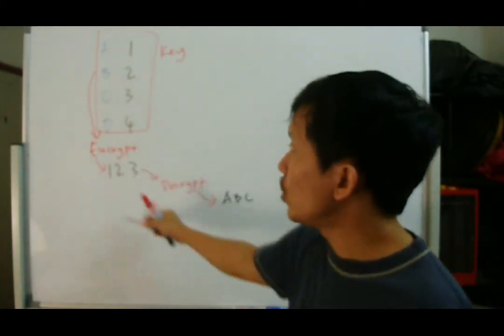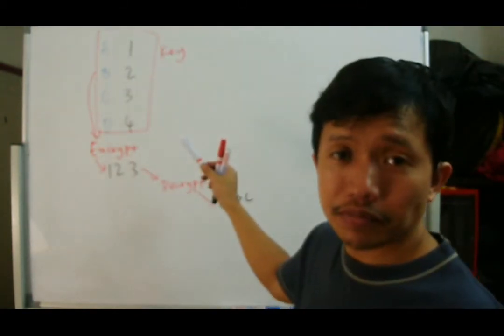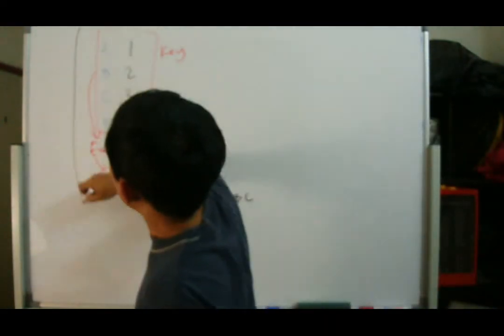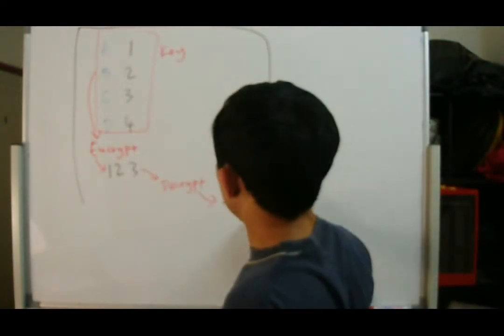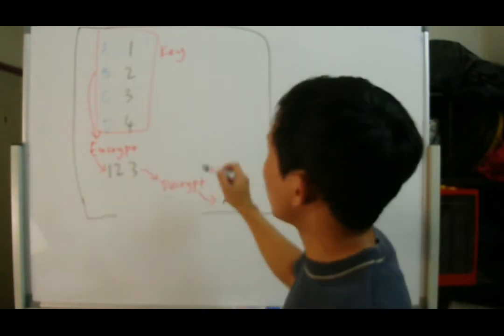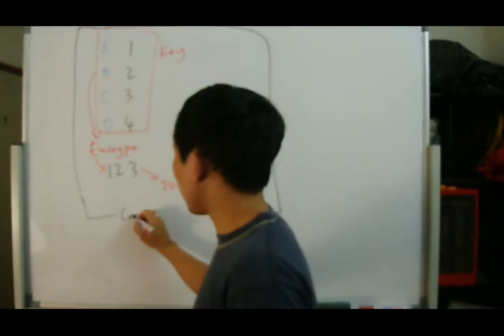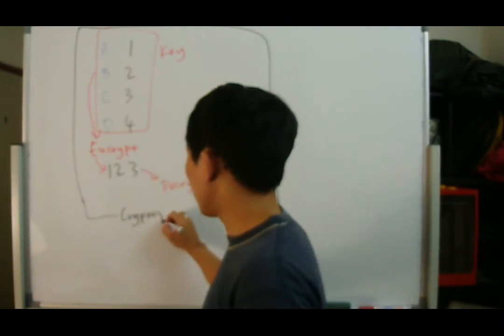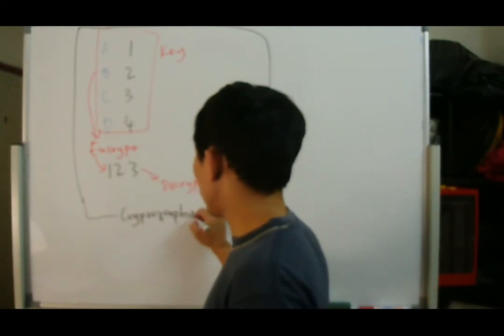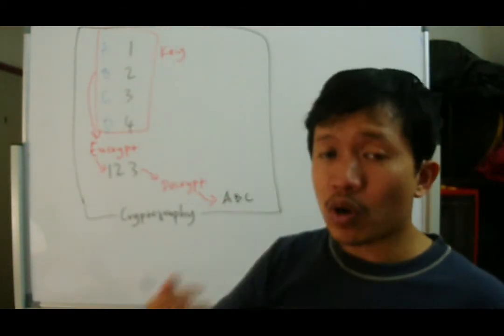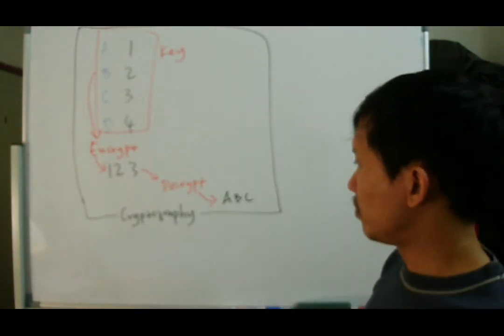And to be able to do this, you need an encryption key. And this whole study of encryption and decryption and encryption keys and how to jumble up messages is called cryptography. And people who are well versed in cryptography are called cryptographers.